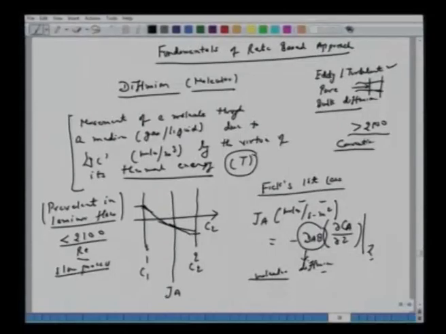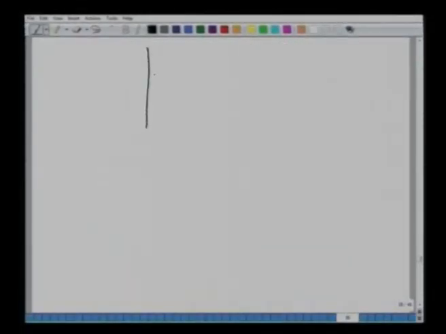In reality, what happens when we have some closed box here, and let's say we have A and B molecules. Each molecule of A moves with a certain velocity VA. If an observer is stationary here, he will notice that this molecule of A is moving in one direction with VA.